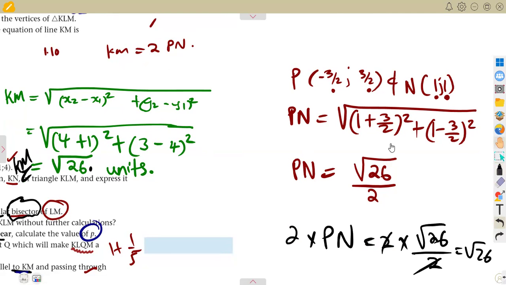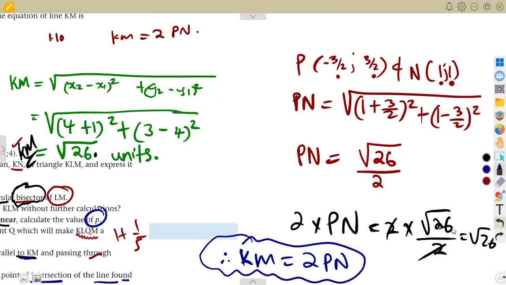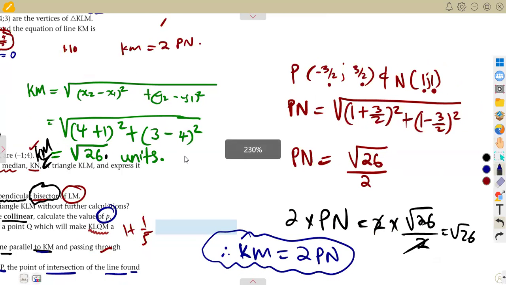So it shows us that KM is truly 2 times PN. If you substitute, you get the square root of 26. That is the idea.